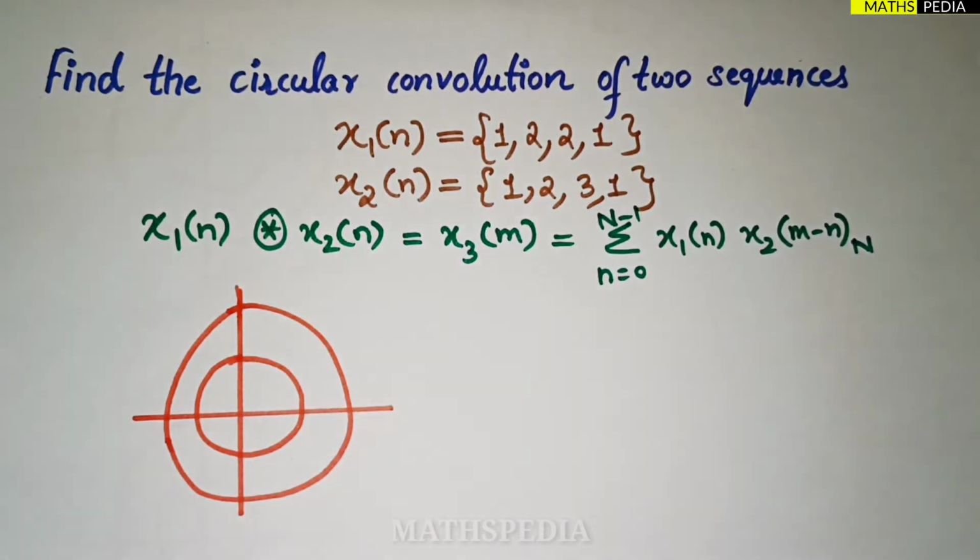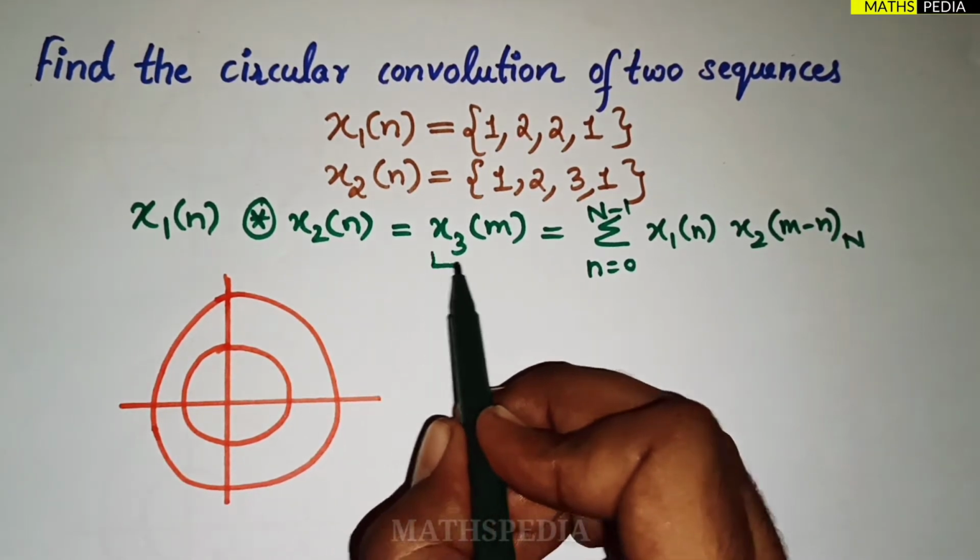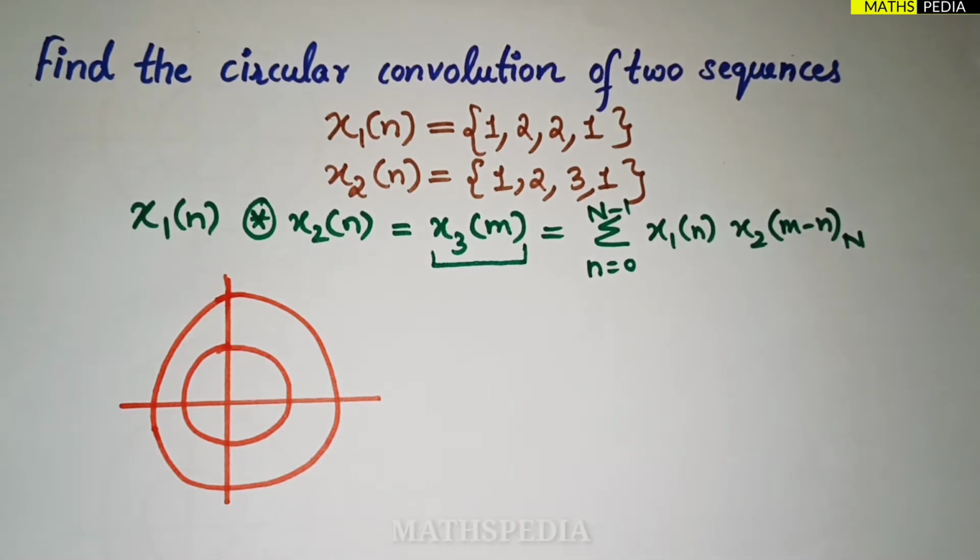This is the formula of circular convolution of two sequences. Now I need to find x3 of m.